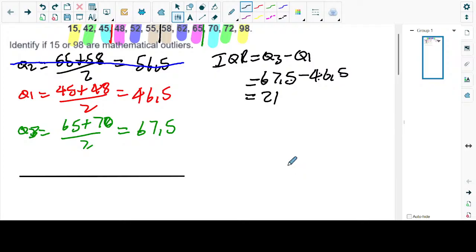Okay. Now we are looking for LB, the lower boundary. Lower boundary is Q1 minus 1.5 multiplied by IQR, by which our Q1 is 46.5. Oh, when I substituted the Q1, I substituted correctly.